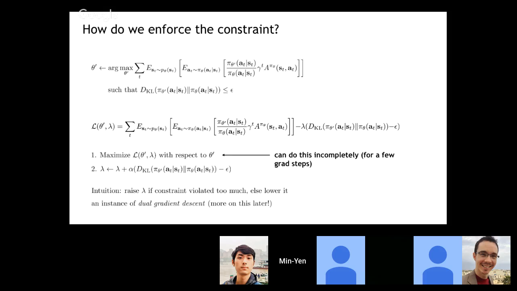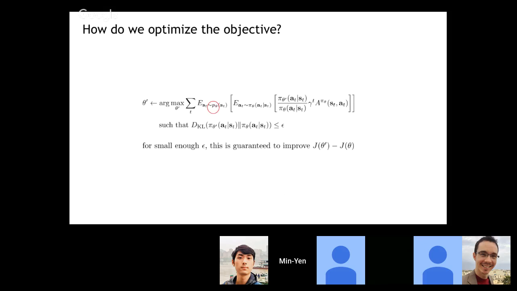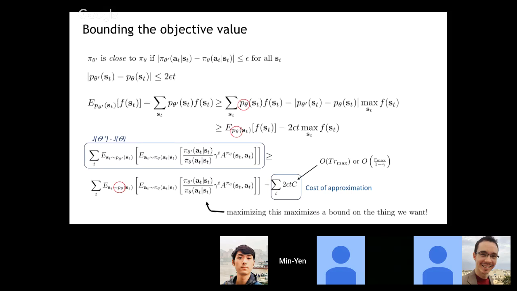Can I clarify something on the previous slide? Going up to the bounding objective value. One more. The summation for the first inequality. Okay, the second inequality. Is the summation over the whole term, or just the first part before the minus sign?